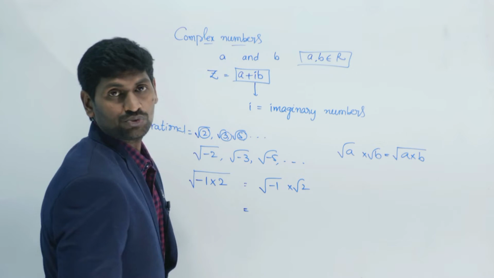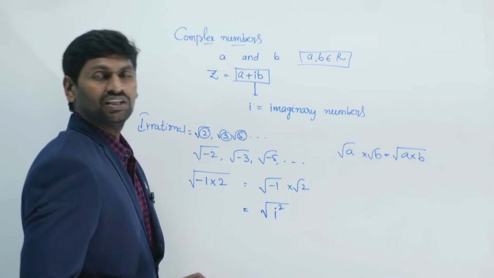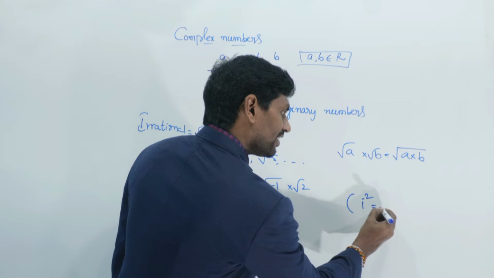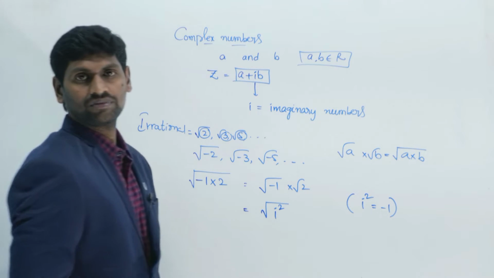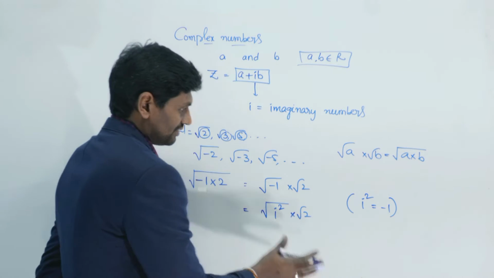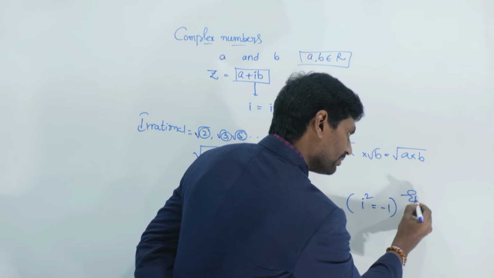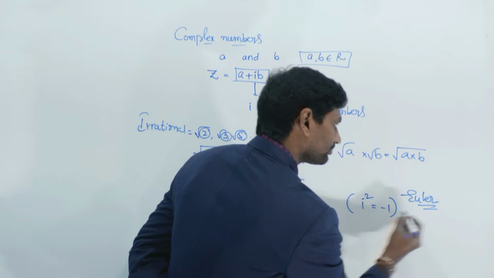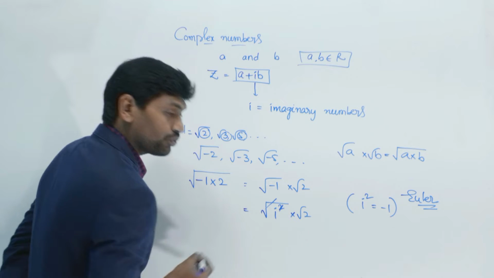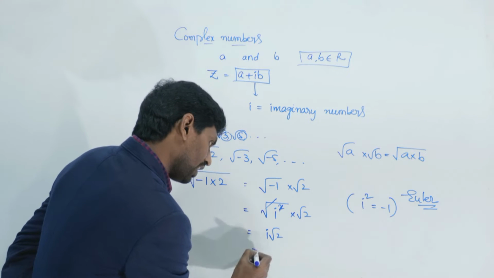Now this minus 1 I am representing with the letter i square. So i square value is minus 1, into root 2. This formation is derived by the mathematician Euler. So square and square root cancel here, which is equal to i into root 2, or root 2 i.